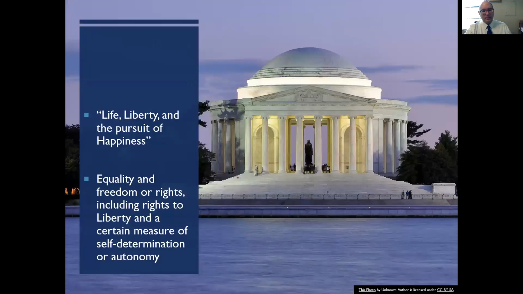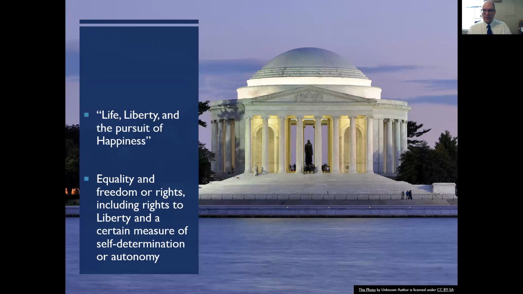So what are these inalienable natural rights that people have that are self-evident? Life, liberty, and the pursuit of happiness, okay? So obviously we all, as living beings, have a basic right to life, okay? And then liberty, because the argument was, and this goes back to John Locke, what good does it do you to say that you have a right to life if you can't protect your life through being free?